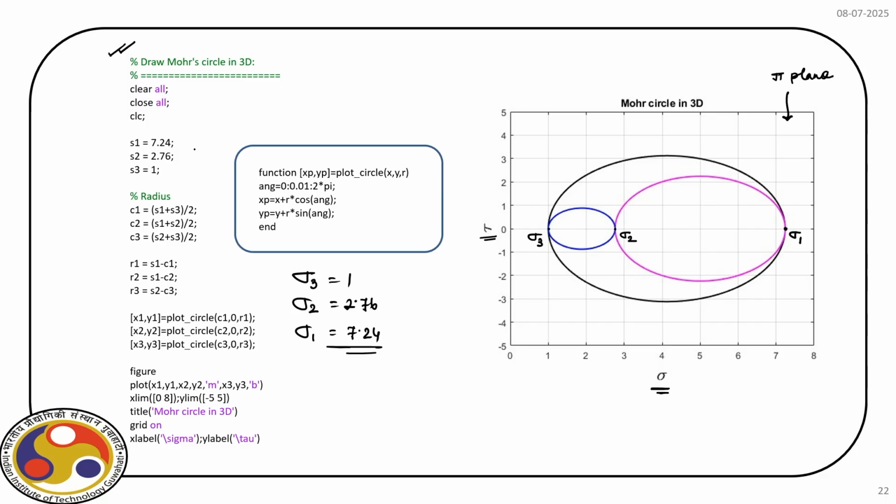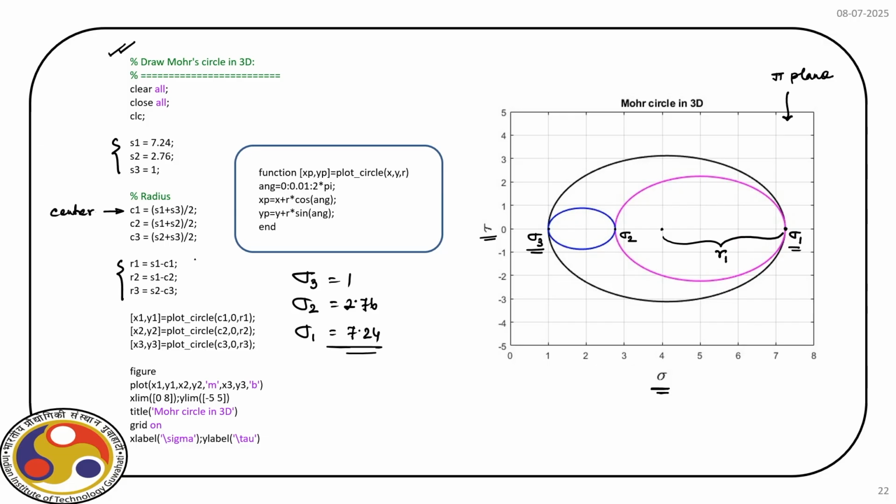So, what you can see here are the 3 principal stresses, and first we find out the center point. If you consider sigma 1 and sigma 3, obviously if we take the average, somewhere here will be the center. And from this point, if we find out the difference with sigma 1, this is our R1.